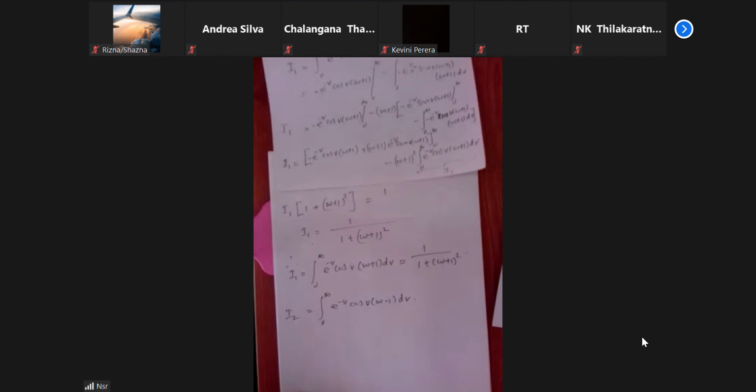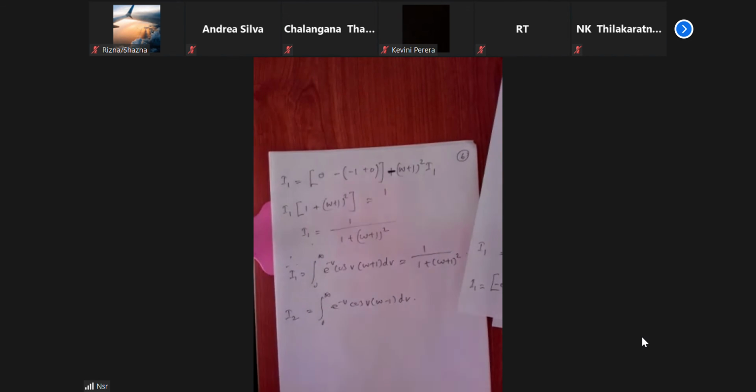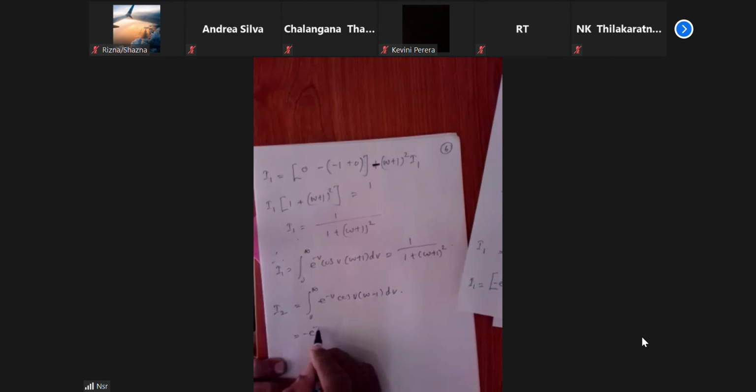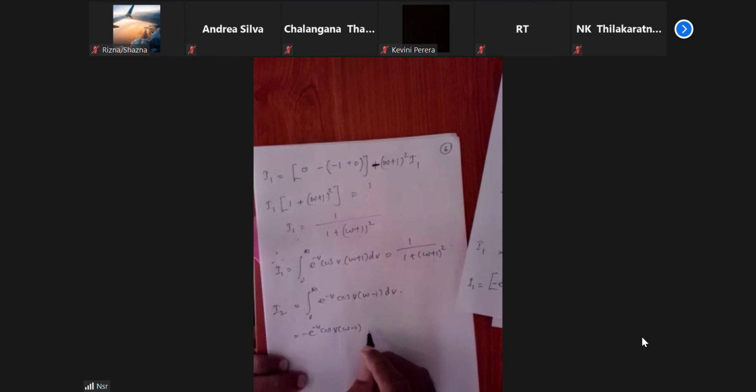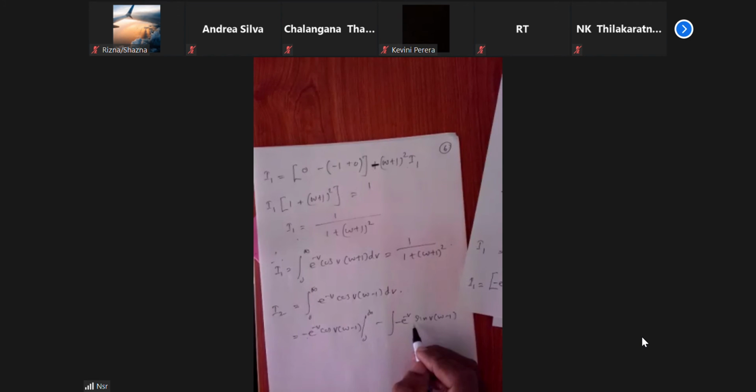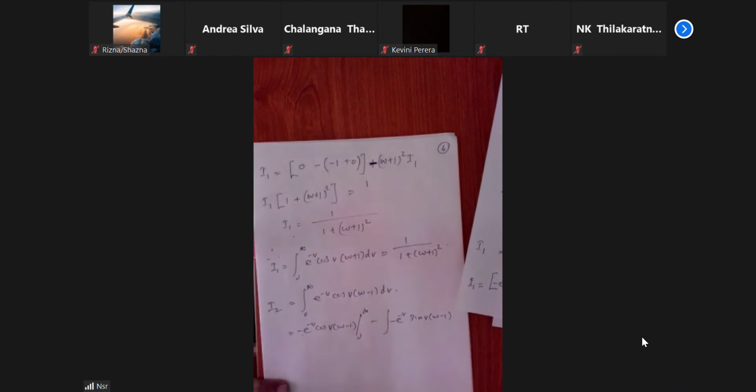Right. Again, integral by parts you have to apply. Then we use the integral: minus e to the power minus v cos v (omega minus 1), 0 to infinity, minus integral of e to the power minus v sin v (omega minus 1) dv.